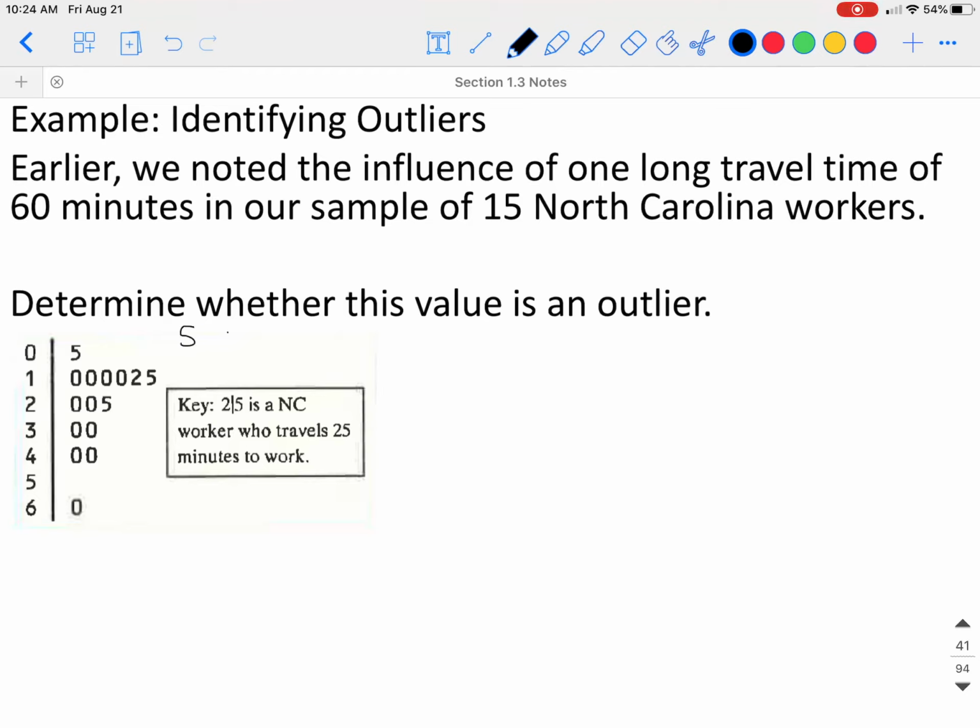If we write these values in order, we have 5, 10, 10, 10, 10, 12, 15, 20, 20, 25, 30, 30, 40, 40, and 60. Because there are 15 data points, we know it is going to be the 8th data point that is the median.